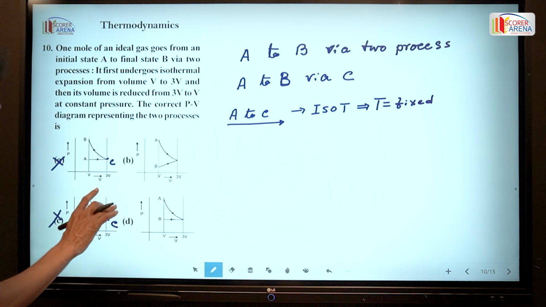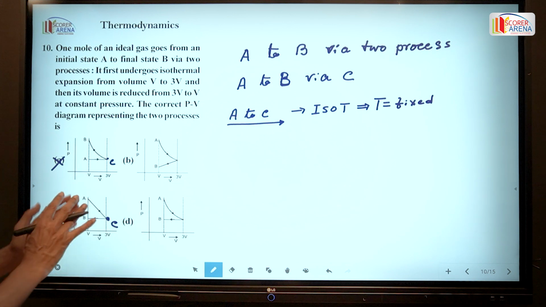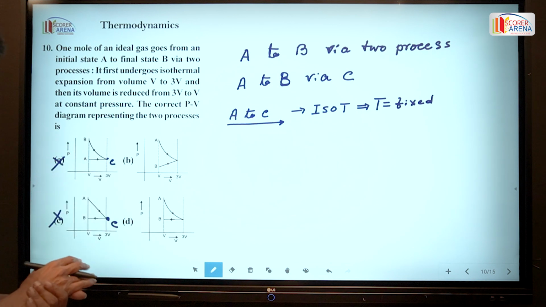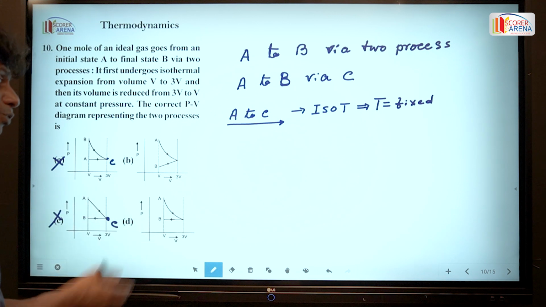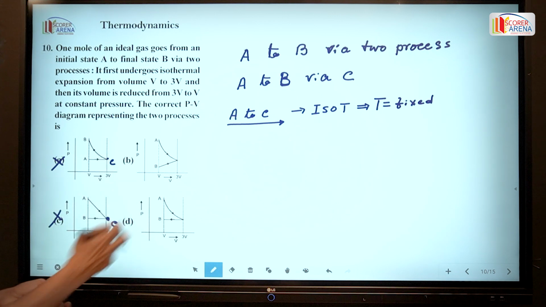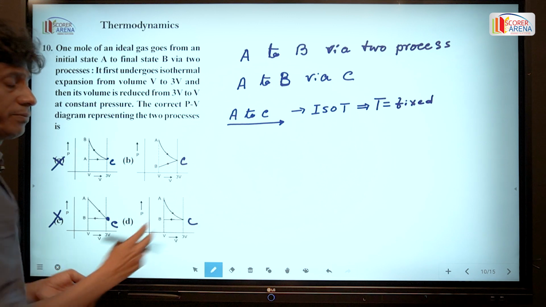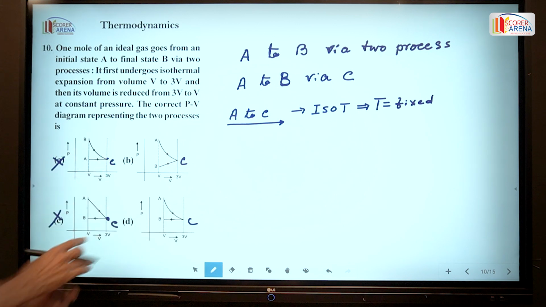So between B and D, the problem becomes 50-50 chances. Either you select B or you select D. In both cases A to C is hyperbolic in nature.